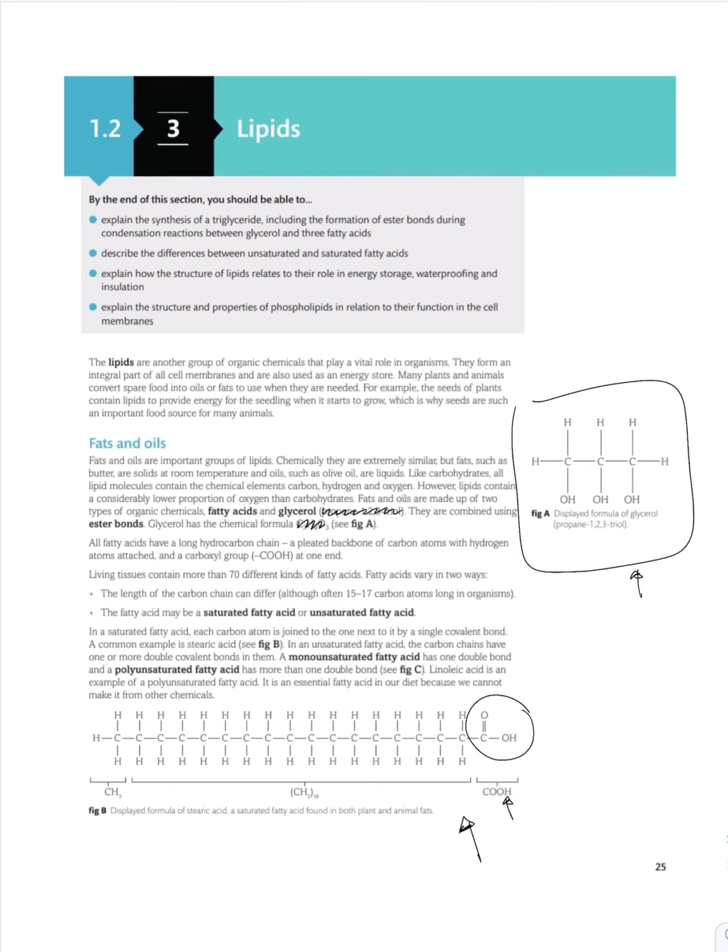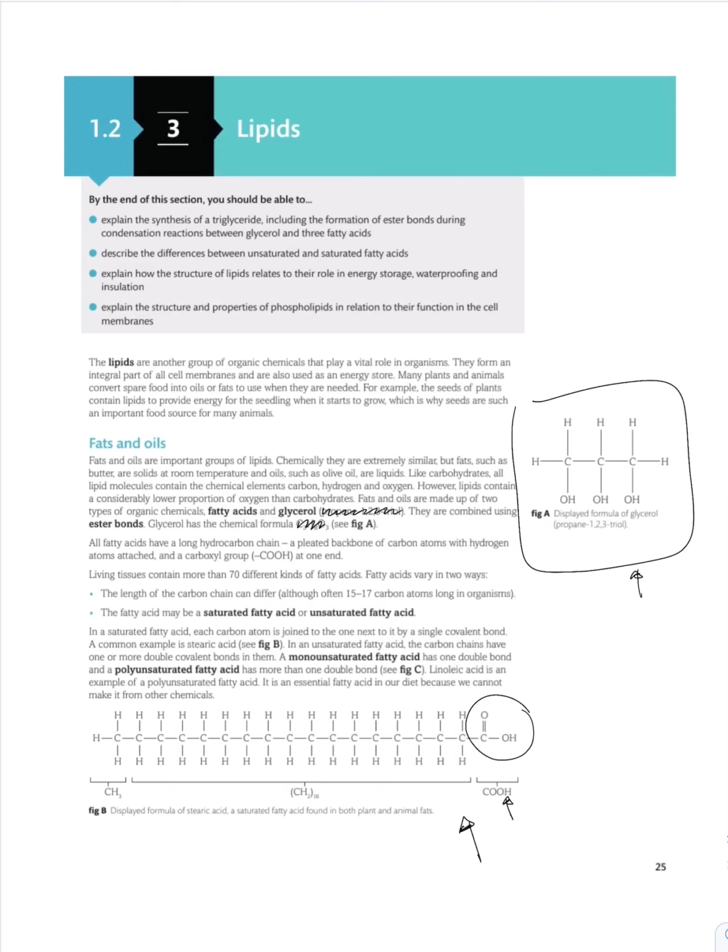Living tissues contain more than 70 different kinds of fatty acids. Fatty acids vary in two ways. The length of the carbon chain can differ, although often 15 to 17 carbon atoms long in organisms.